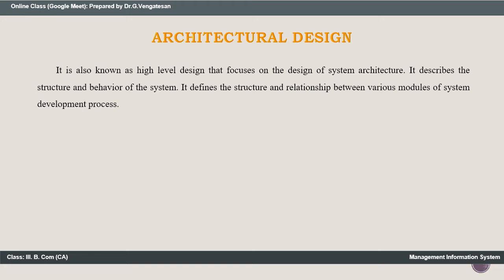In stage 3, the management will focus on the functioning of the activities in a systematic manner. The management will monitor all the activities and functions in a designed manner, and that concept is known as architectural design.